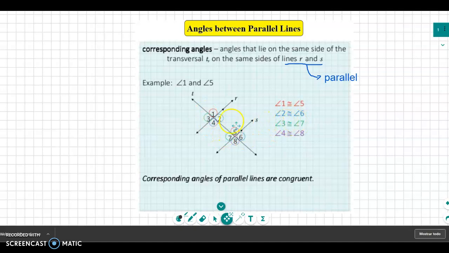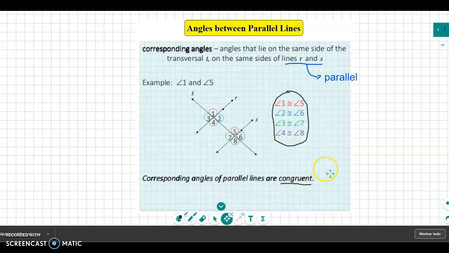And we also have angle 4 below the parallel line R, which is the same as angle 8 below the parallel line S. So all of these are corresponding angles. They are congruent. What does it mean that they are congruent? That they have the same value.